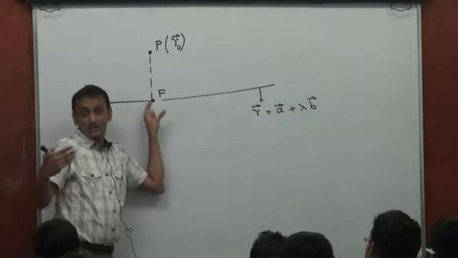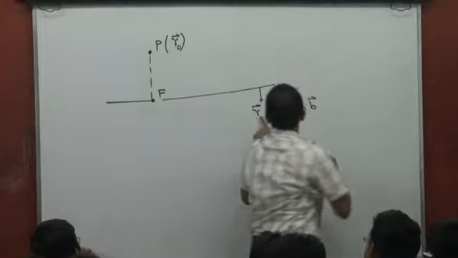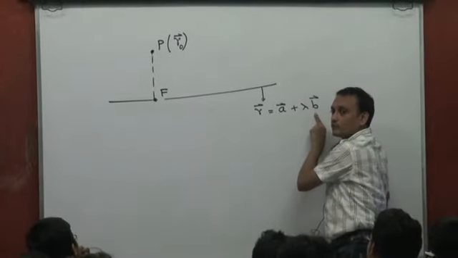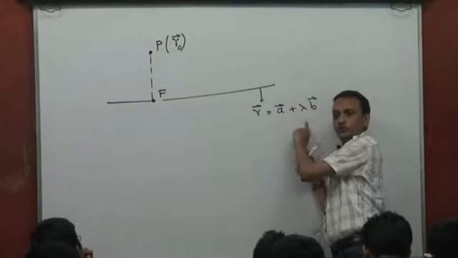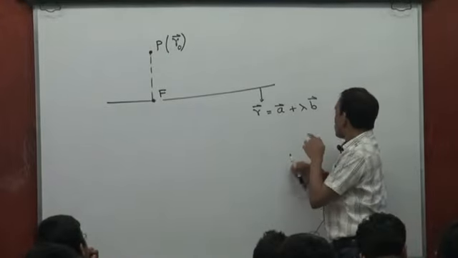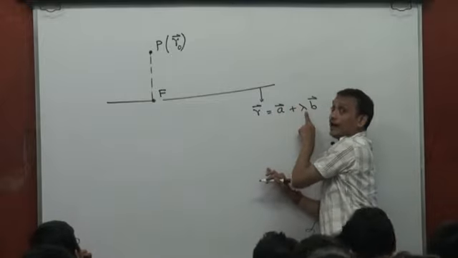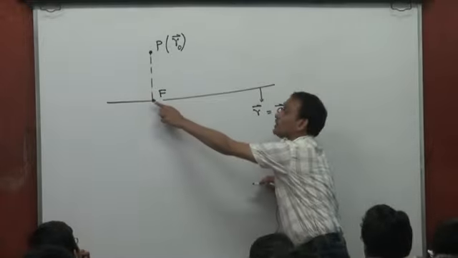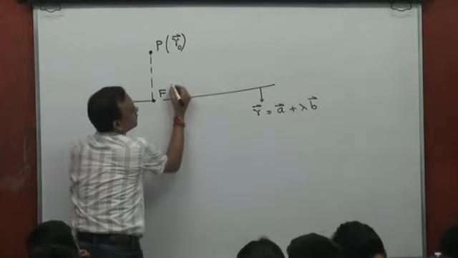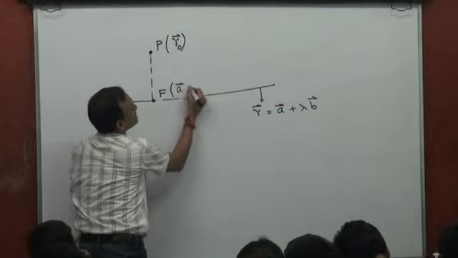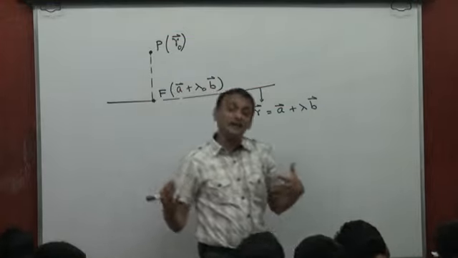Yes or no? Some lambda. I'm saying this is the position vector of various points on the line. Why various points on the line? Because for different lambdas, you will get different points on the line. Now, for the point F, which is on the line, lambda equal to lambda naught, let's say, will give you the position vector of F. So the position vector of F would be of the form A plus lambda naught B, where we do not know lambda naught, but we will be able to find it.